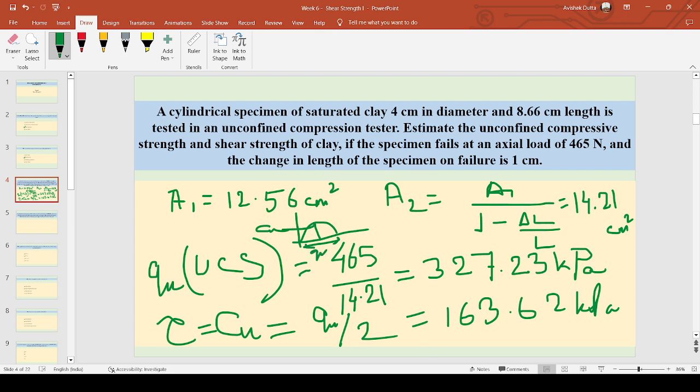So the shear strength will be half of the value of the unconfined compressive strength. The answers are 327.23 and 163.62. I hope it was clear. Go to the next question.